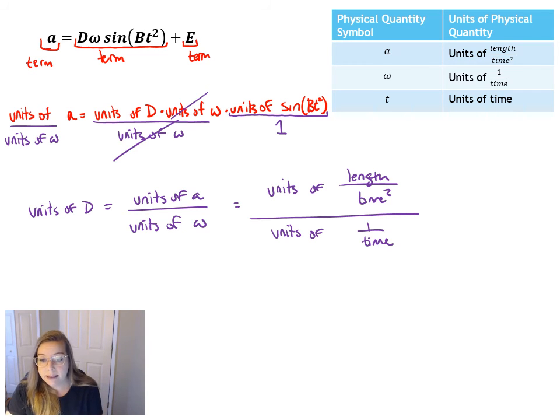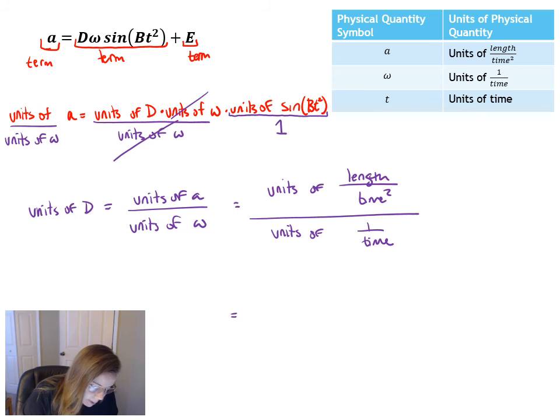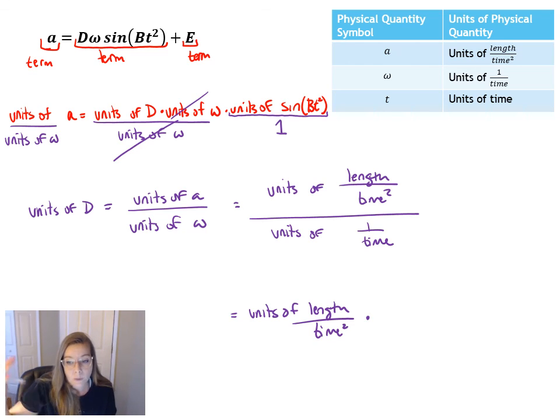Now I can simplify this. I see time is in 2 different places within this fraction. It's actually a compound fraction. So I want to rewrite this to help me figure out how to simplify the fraction. Remember that instead of dividing by a fraction, we can multiply by the reciprocal. So I'm going to rewrite it as units of length divided by time squared. Instead of dividing by 1 over time, I'm going to multiply by time over 1.